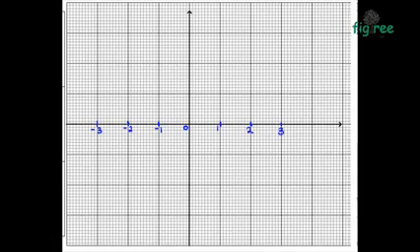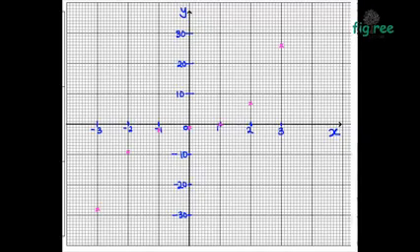This is the x-axis and this is the y-axis. So this is my axis with x here, then y here. Now the next step is to plot my points.